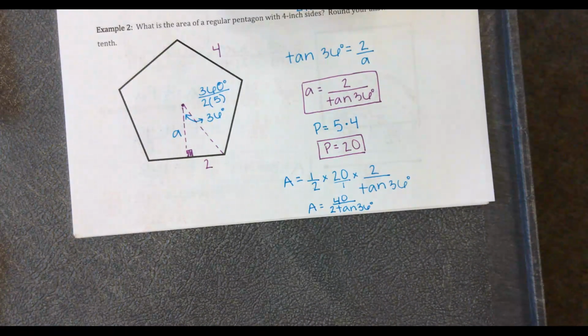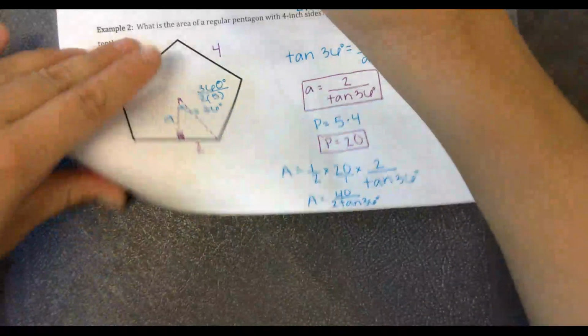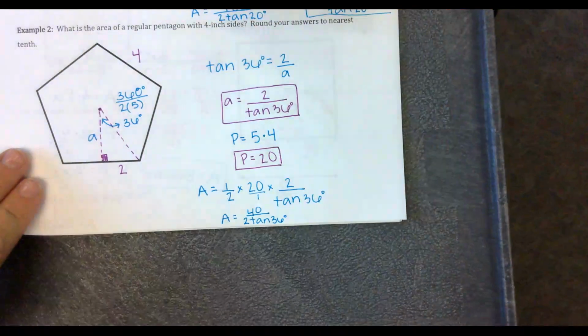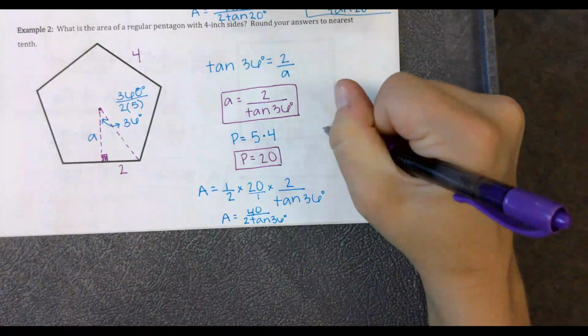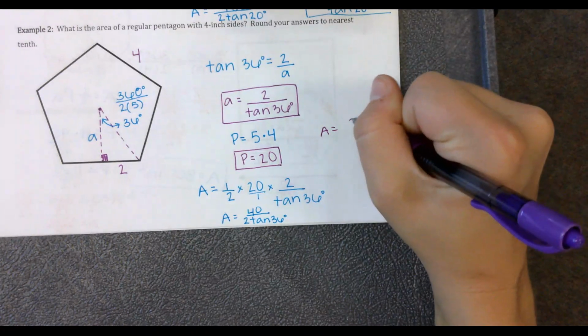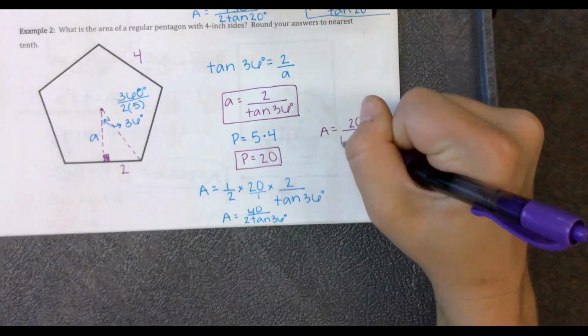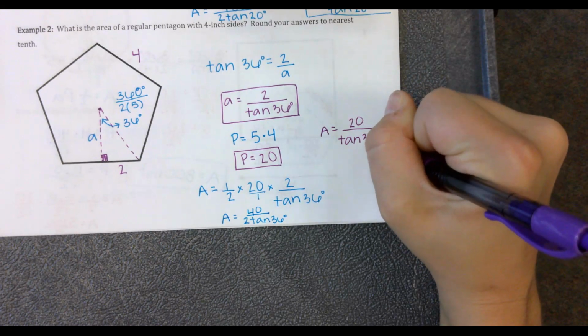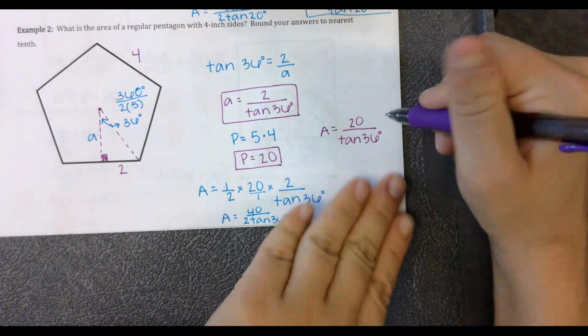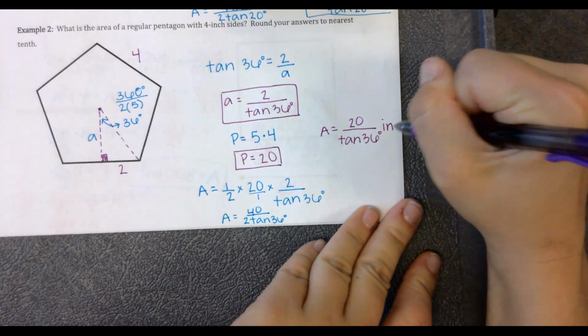That's 40 divided by 2, 20. So area equals 20 over the tangent of 36 degrees, inches squared.